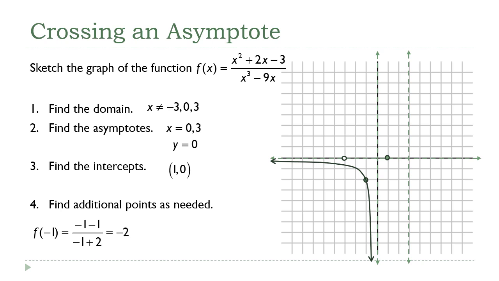Okay, so how about what's going on in the middle here? Well, there's really 4 options. The graph could come down, touch that point, turn around and go back up. It could come up, touch that point, turn around and go back down. Or it could go through it, either rising or falling. If you think back to the factored version, that x-intercept came from the factor of the numerator, x minus 1.